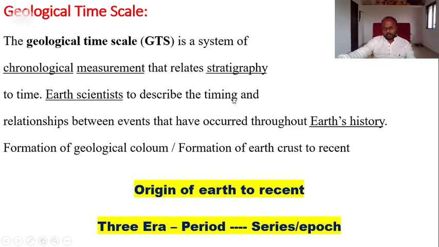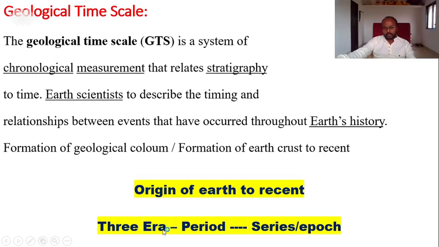So the origin of the earth to recent or today is geological time, and for study purposes this geological time is divided into different divisions and subdivisions. There are three divisions.